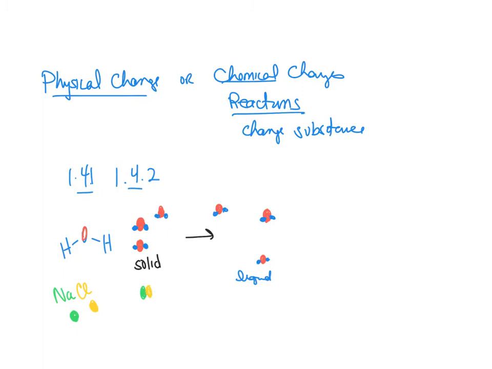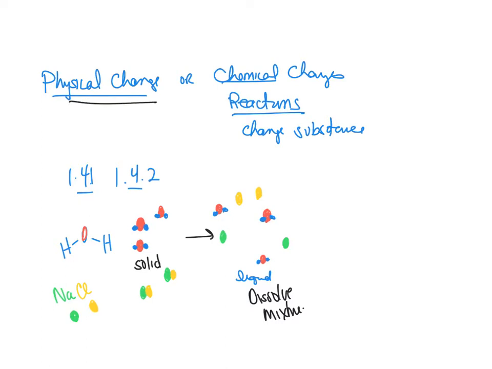But then when you put it in water, this is ionic bonding, we'll talk about that more, and you break it apart in water. You're dissolving something, okay? So this would be dissolving when you make salt water, and this is a mixture. So what they're trying to ask you to do is kind of look for chemical reactions. So this would be a dissolving mixture. That would be a physical change.